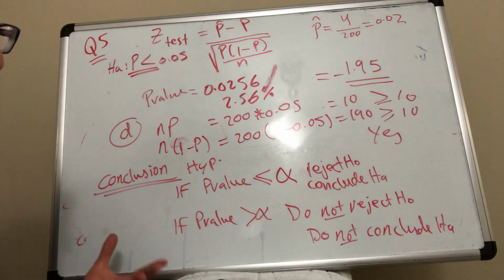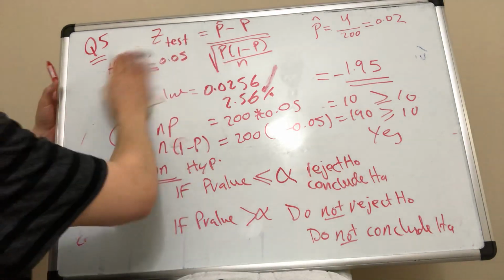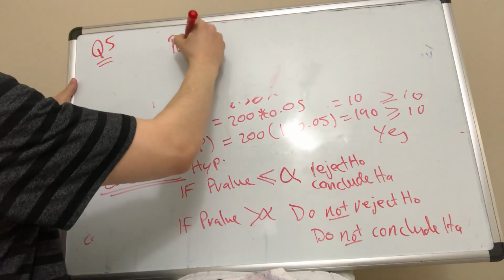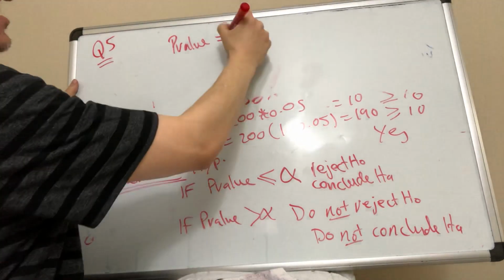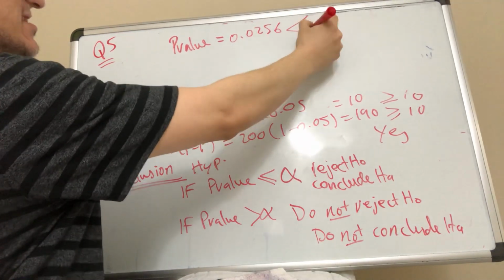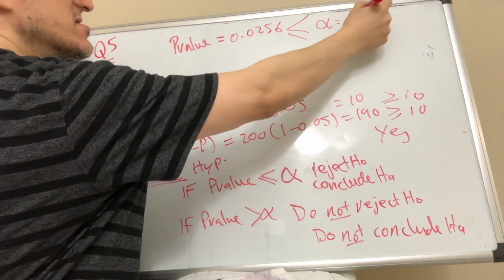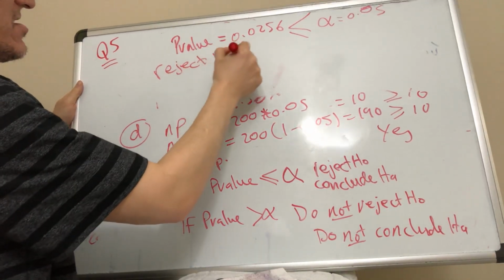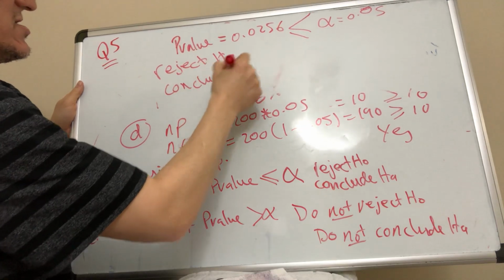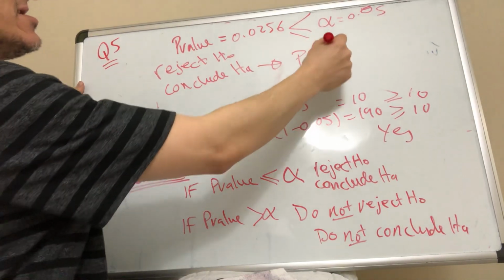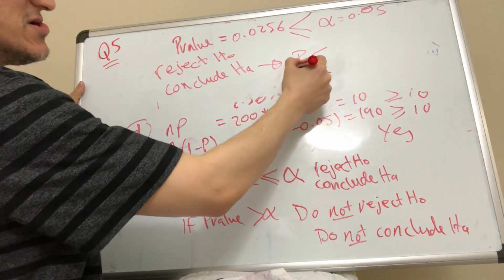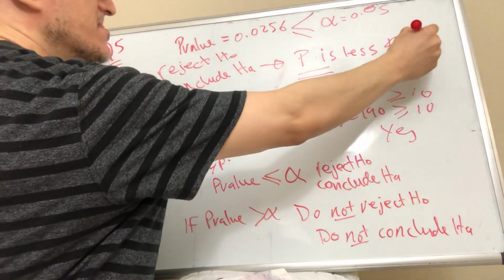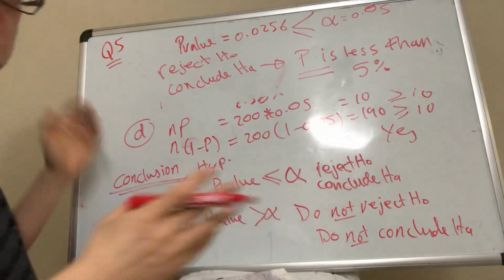Remember alpha? It was 5%. The p-value we found to be 0.0256. That's less than alpha, 5%, so we're going to reject H0. We're going to conclude HA, and remember, we have enough evidence to show that P is less than 5%, because that's what HA was.